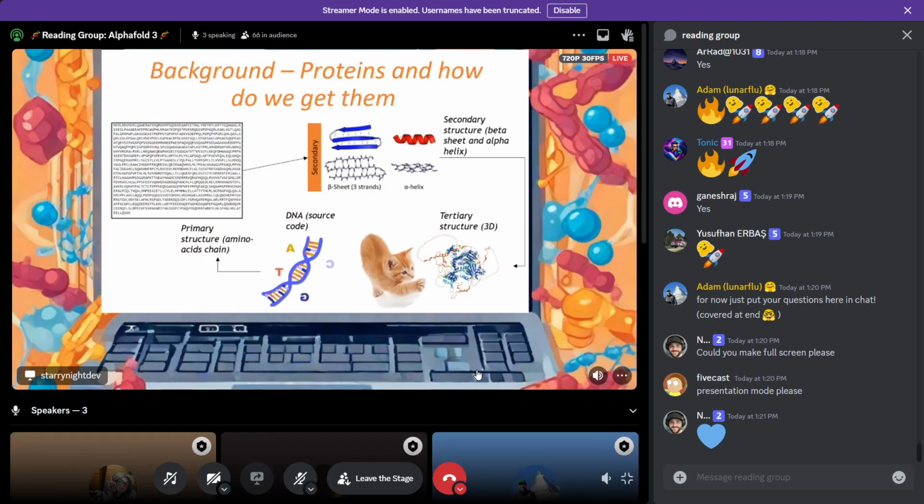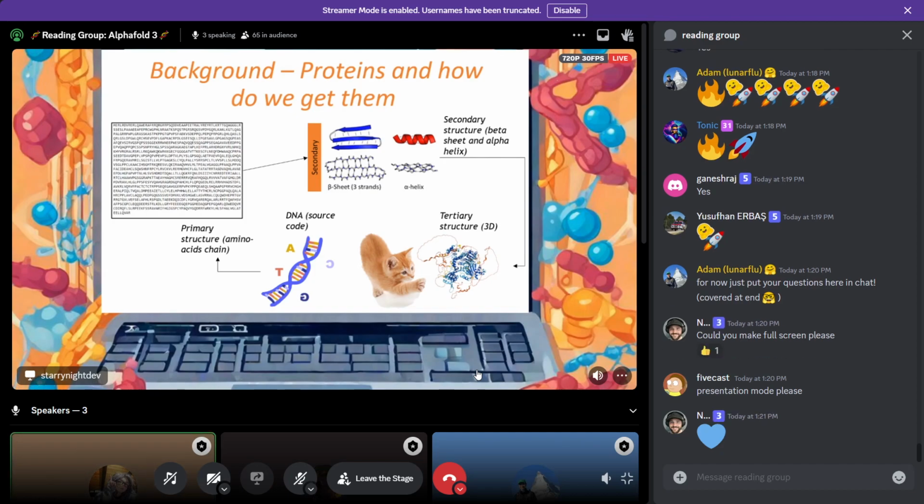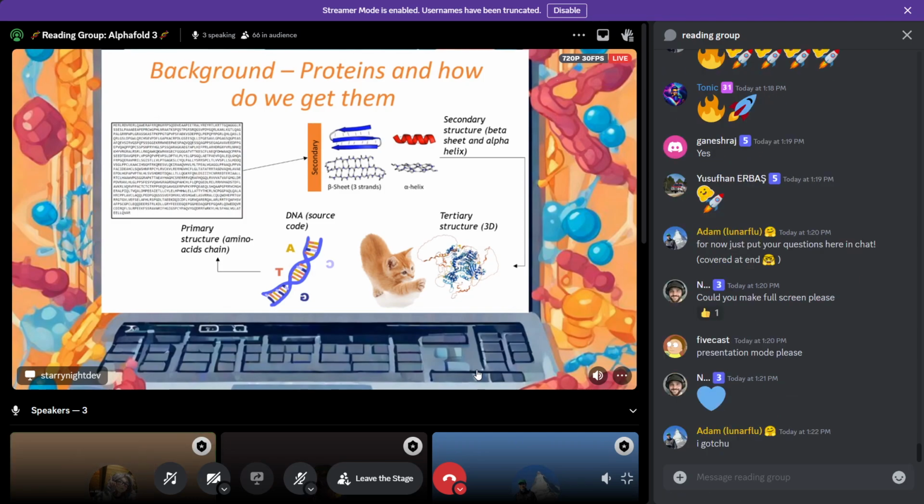Nice. So, as I was saying, now we can see all the letters here. As you may notice, these letters are a little bit different from the ones in the DNA, because the ones in the DNA are nucleotides, the building blocks of DNA, and the ones in proteins are called amino acids. These amino acids are the building blocks, the bricks that make up a protein.